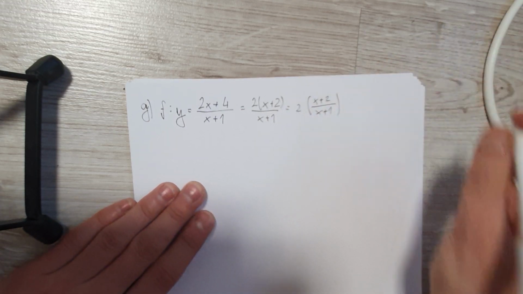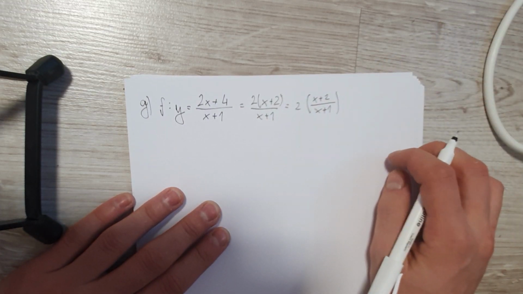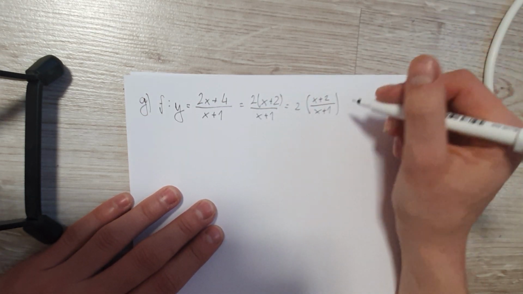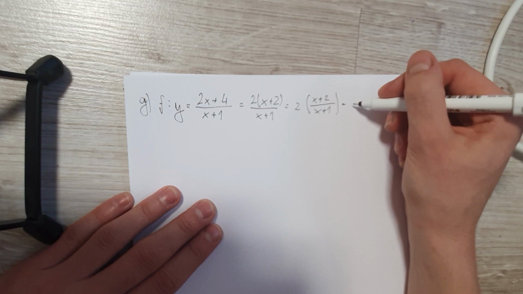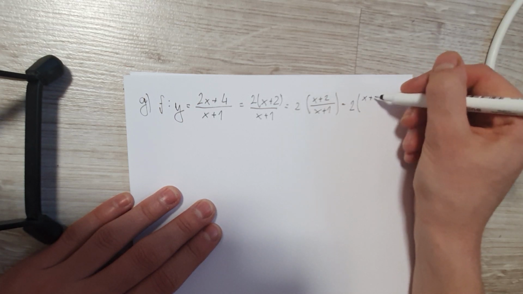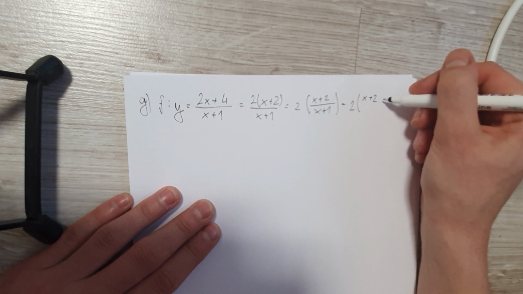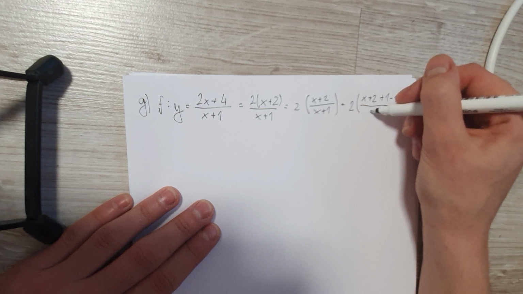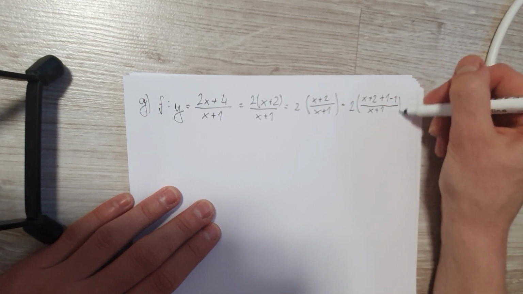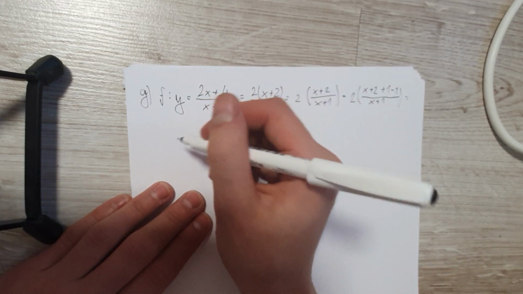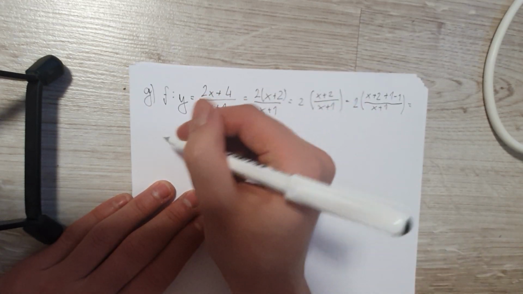Then I will add a nice 0 to the numerator, so it will be helpful for me to divide this into two fractions, but I will write this with the nice 0 right here: x plus 1.